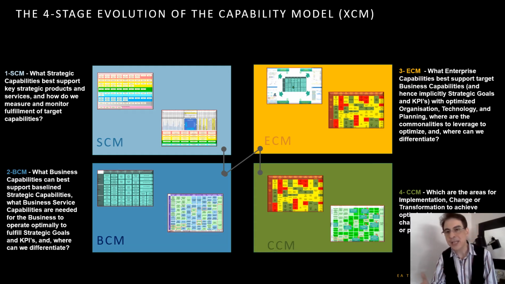And moving on to the enterprise perspective, the orange perspective, we start with the business capability model, which we said was agnostic to implementation and deployment.